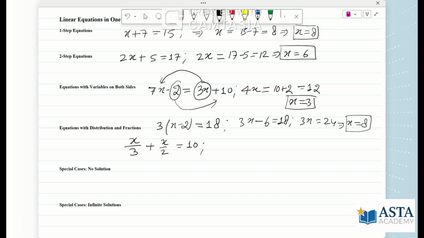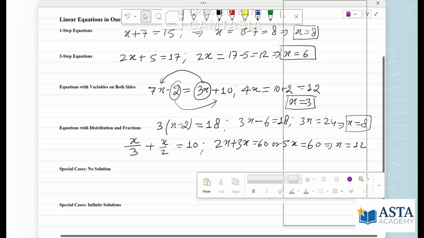Let's say the LCM of 3 and 2 is 6. So you can multiply the entire equation by 6. If you did that, you will have 2x plus 3x is equal to 60, or 5x is equal to 60. That will give you x is equal to 12.